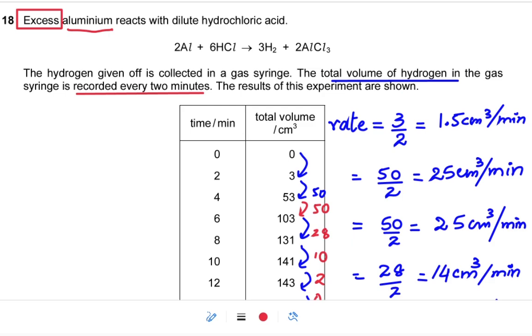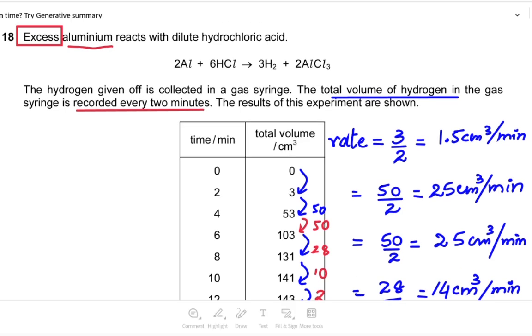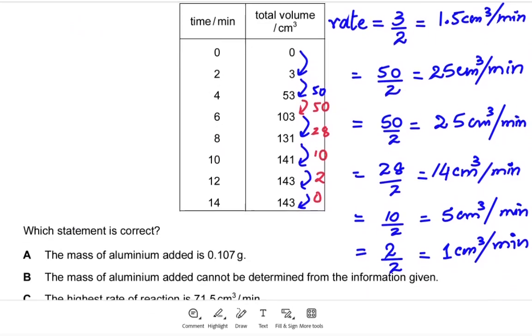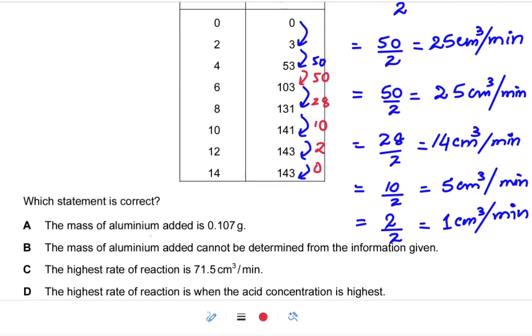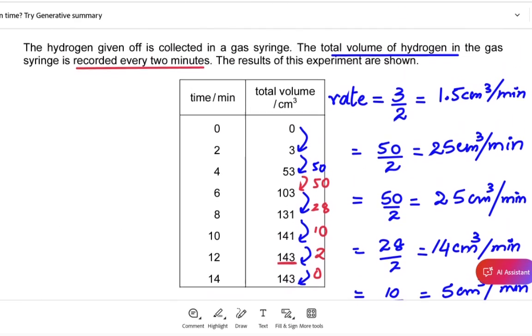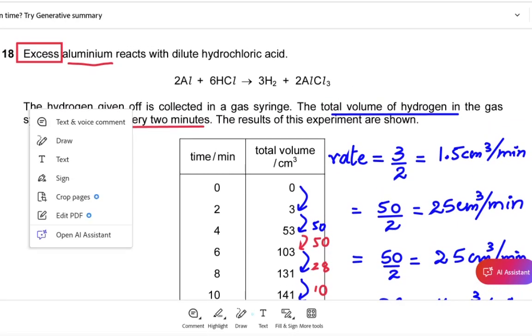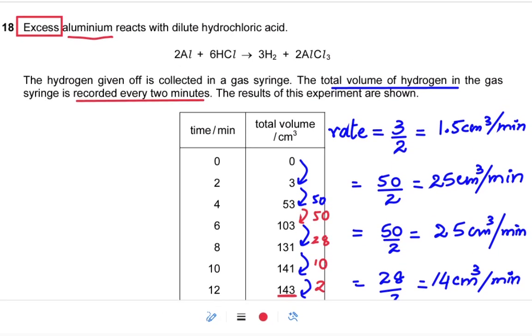So here you can see the results which are given to us in the table. Which statement is correct? The mass of aluminum added is 0.10 gram. If we use the highest volume produced by the end of this experiment, we can only find out the mass which reacted in the reaction.